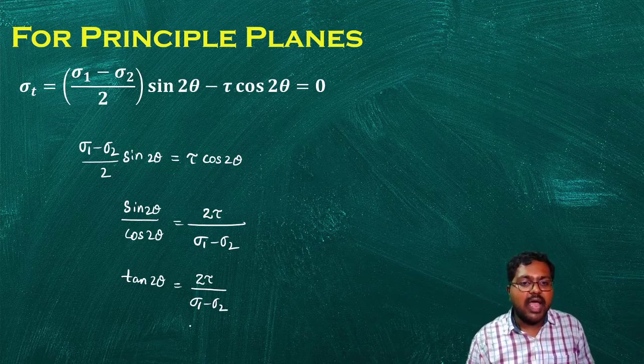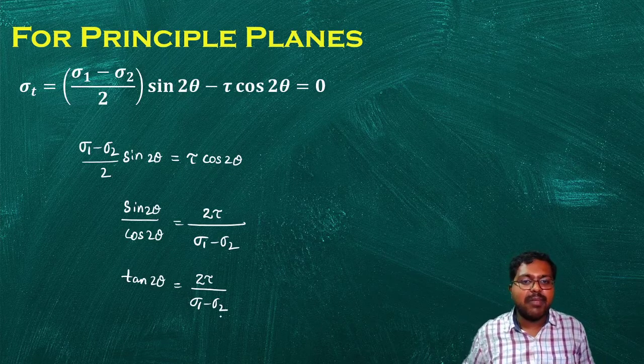So from this I got a condition: to find the principal planes, I need a condition. That condition is sigma t equal to 0. From that I obtained tan 2 theta equal to 2 tau by (sigma 1 minus sigma 2).